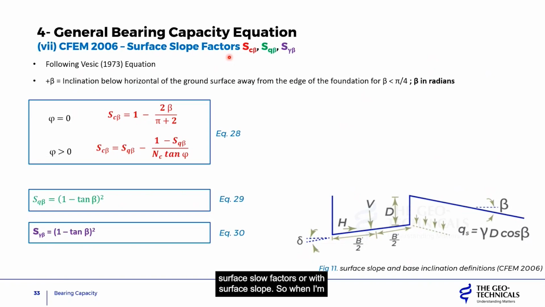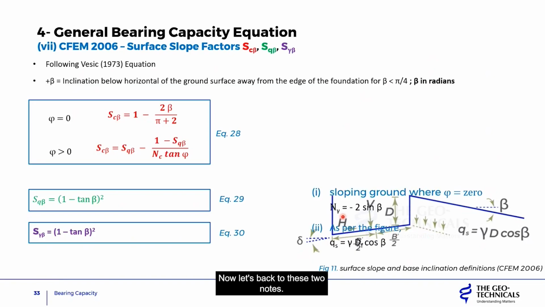When I'm coming to the H2 part for the footing on a slope, I remind you that we did that before using the Canadian Foundation Engineering Manual. They are different solutions, by the way, but we will compare what we get if we use the surface slope factors from the Canadian manual and if we use the H2 method for the footing on slopes.